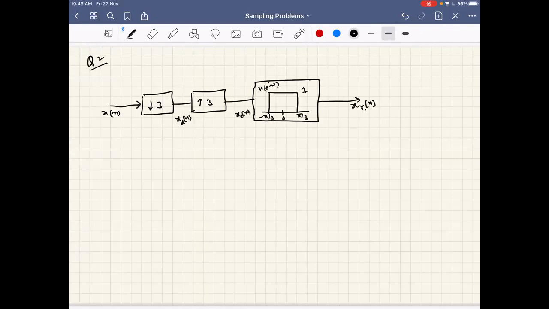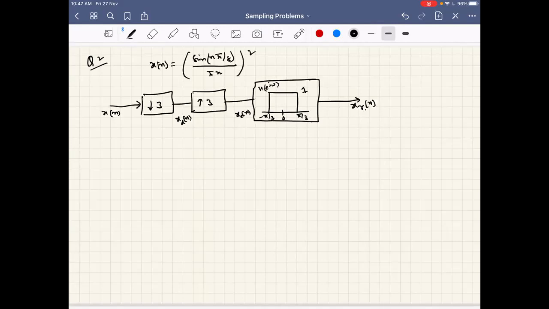How you get this x of n: they have directly given x of n in this case. x of n is equal to (sin(pi n by 8) by pi n) whole square.